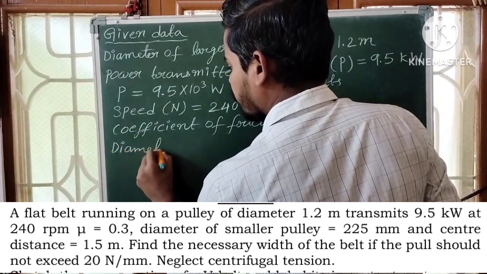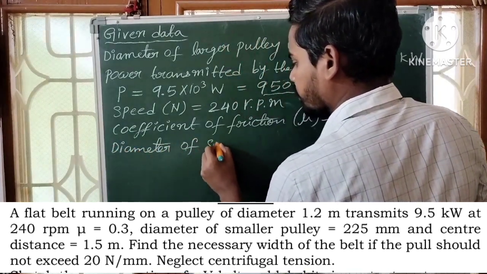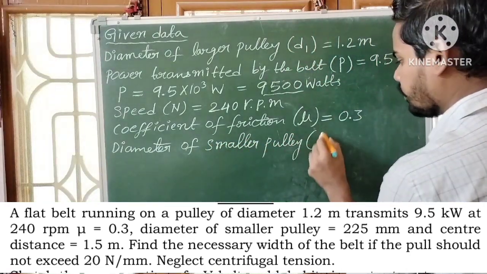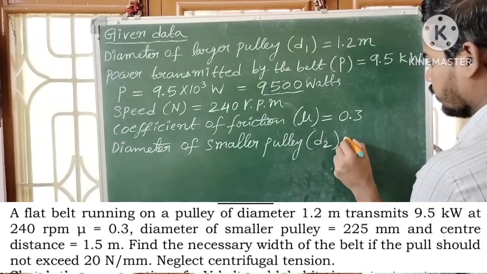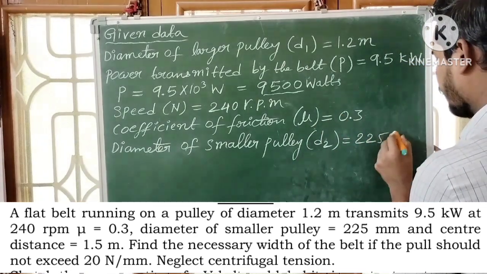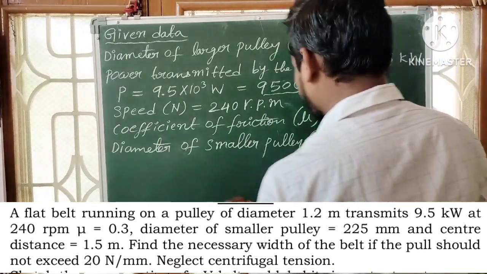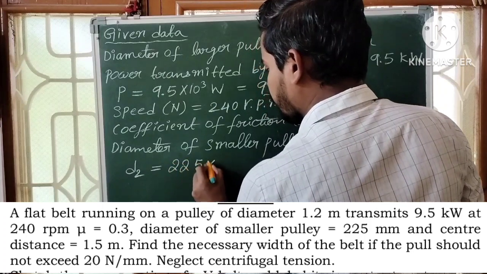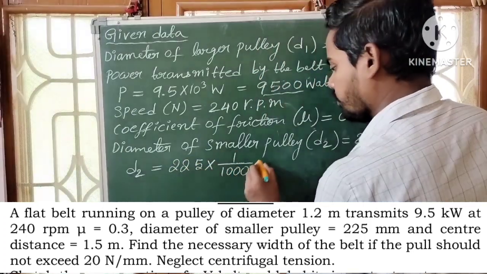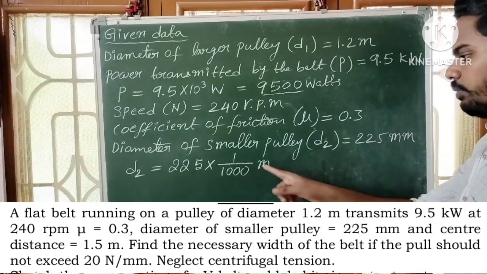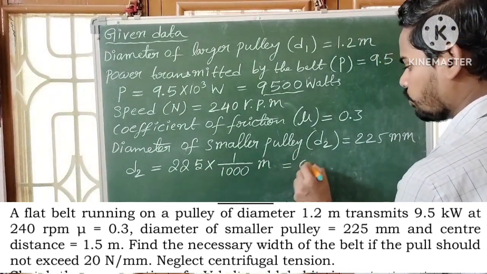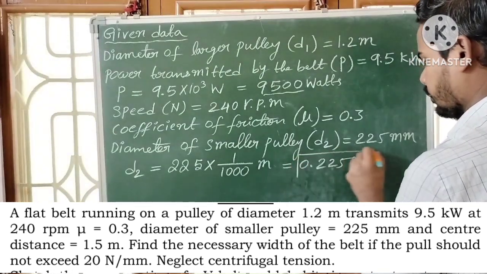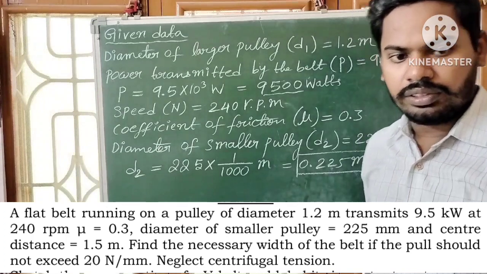Let us say the diameter of the smaller pulley is D2. So D2 is equal to 225 mm. 1 mm is equal to 1 by 1000 meters, so 225 by 1000 means 0.225 meters.